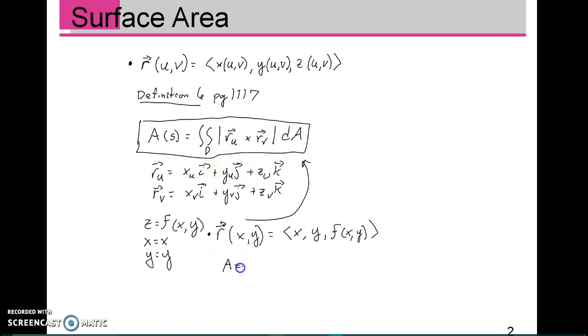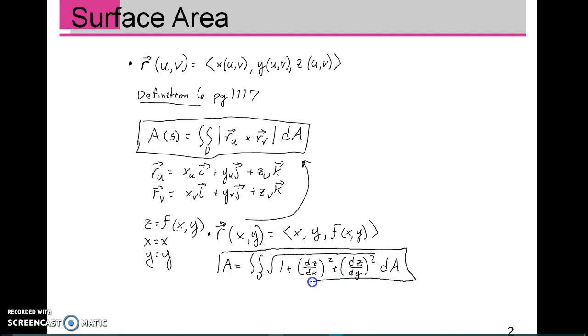What you'll end up with here is, inside that double integral, the square root of 1 plus dz/dx squared plus dz/dy squared, dA. So now you end up with this area formula.